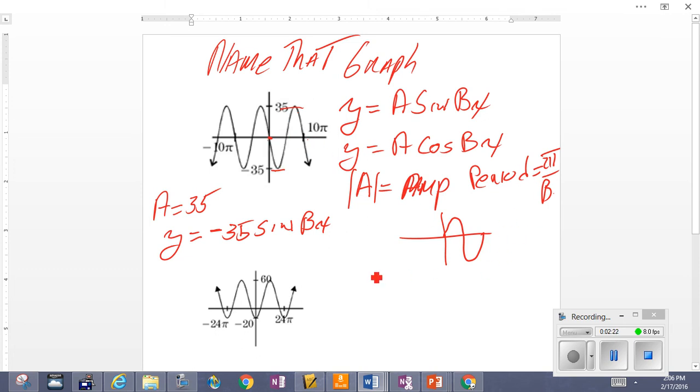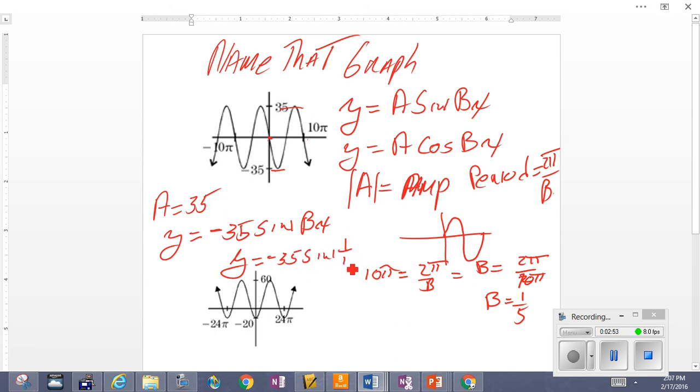So the period is 10 pi, and the period is given by 2 pi over b, which means b is equal to 2 pi divided by 10 pi, which implies that b is equal to 1/5. So the name of this graph is y equals negative 35 sine of 1/5 x. That's what I'm going with.